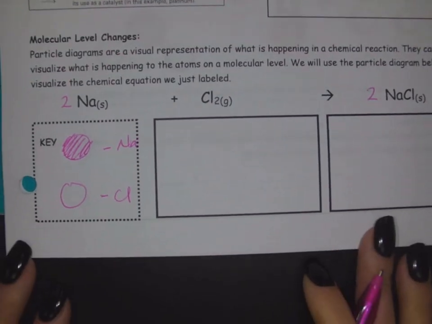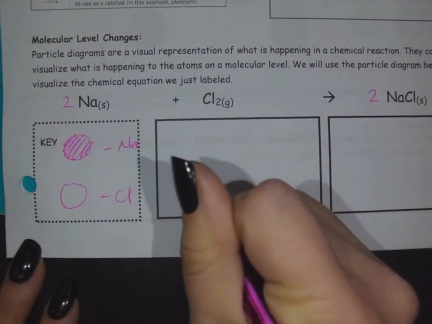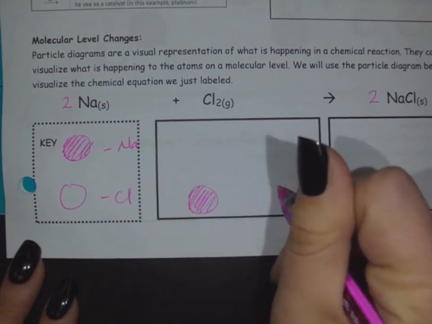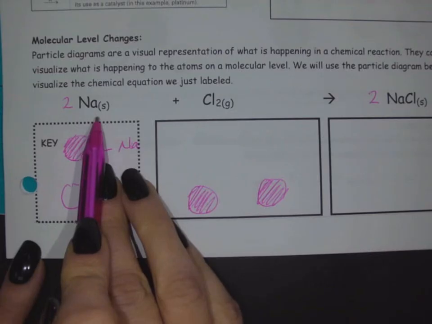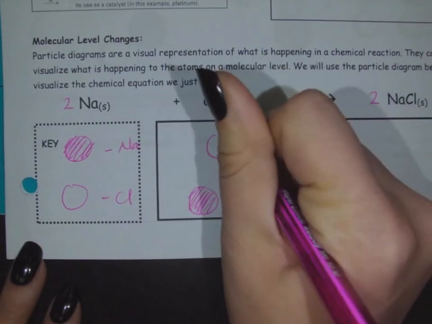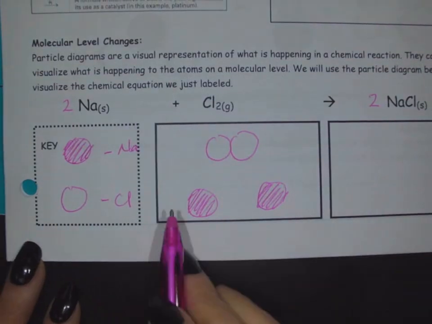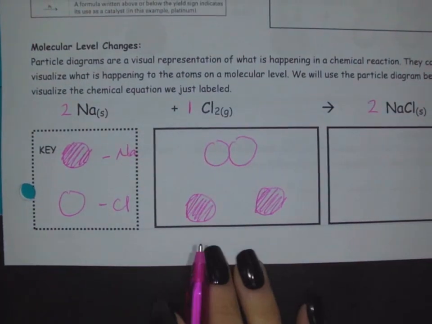Now I want you to pay close attention to how I draw this. I have 2 of these Na's, and I have 1 of these Cl2s. Normally we don't write the coefficient when it's a 1, but I'm going to put it there so we can see it.